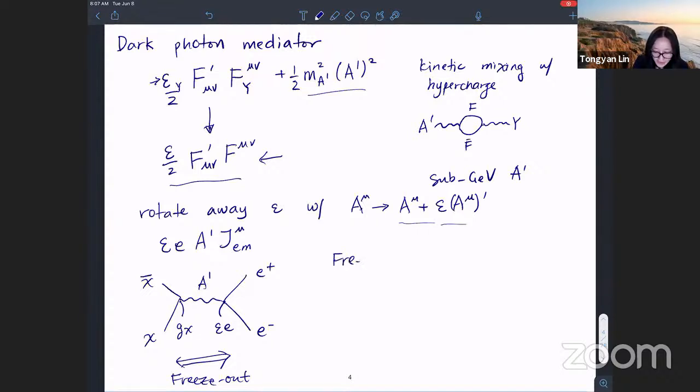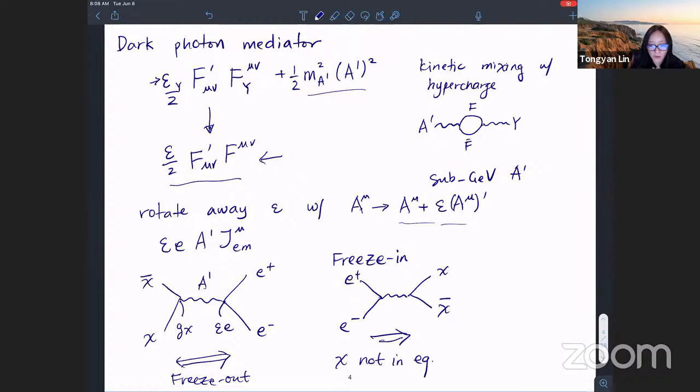And there's also freeze in, the line I just showed, which is a possibility if this diagram only happens in one direction, which is the direction of producing dark matter out of the thermal bath. So dark matter is not in equilibrium.